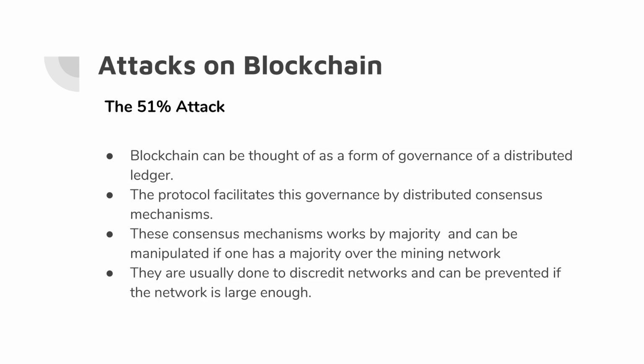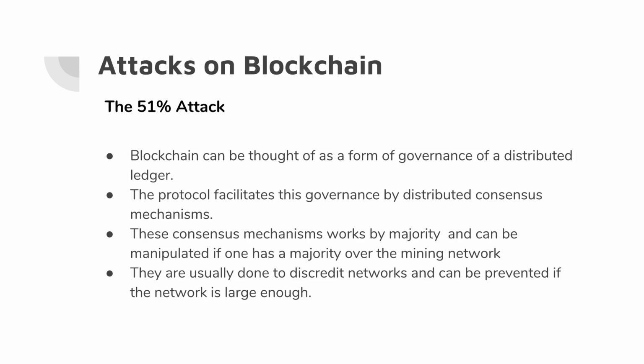The underlying idea is that if one has a majority over the mining network, the network that adds the new blocks to the system, then one can potentially get away with adding false blocks to the chain. This is what is known as the 51% attack, and the 51 stands for the majority.